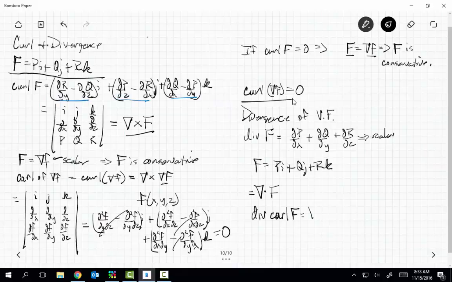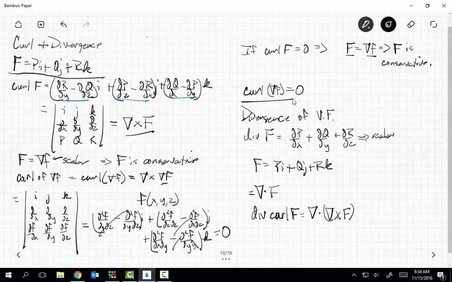Well, I'm taking the gradient operator dotted with this guy right here, right? That's what the curl is. I'm dotting it here. Now, let's look close. What do I have here? This is my curl. What would happen if I took the gradient of this thing?